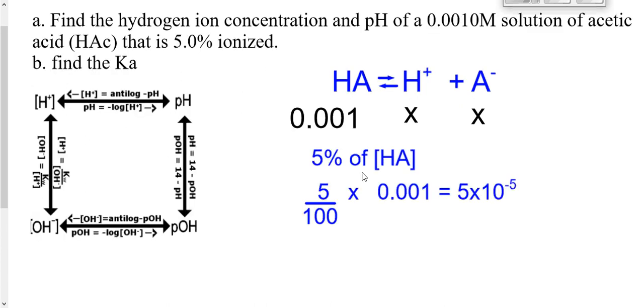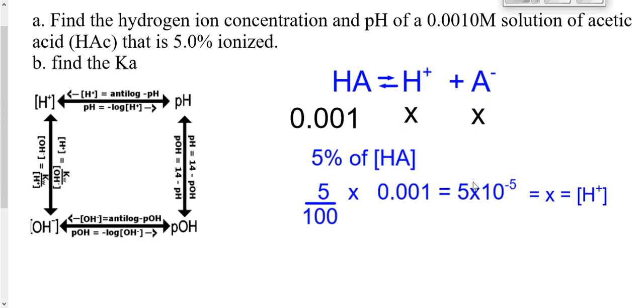5% of the concentration of the acid is the same as saying 5 out of 100, or 5%, times that number. So I'm going to go 5 divided by 100 times the concentration of the acid, and I get a value of 5 times 10 to the minus 5. This is the amount of hydrogen that we're going to have. So now I know the concentration of my hydrogen ion.